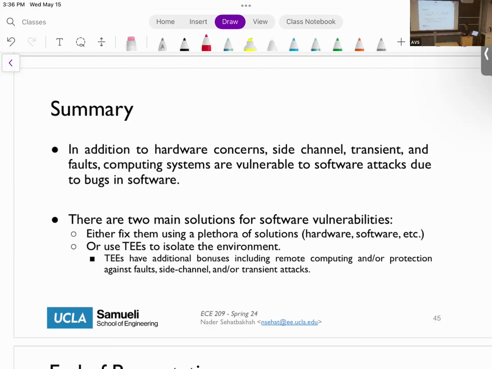The second category says, okay, we need to live with these vulnerabilities. Let's have a more isolated environment, which we call T's, and let's build this T correctly. For example, let's do cache partitioning, let's do memory encryption, let's prevent it from sharing and all those things, and hopefully this will solve some of our problems. In reality, it does and it doesn't, depending on different cases. But what we really need to do is expand these T's to other units, and that's what we're expecting to see in the future.